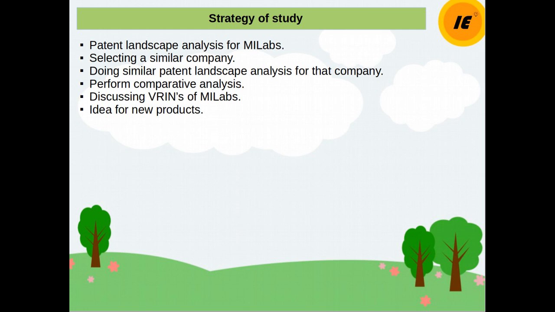Then we'll come to what the VRIN of MI Labs is, and finally we will try to answer the final part of the exercise, which is what could be the new product idea, depending on the understanding of the VRIN of MI Labs. So that's more or less the strategy for working on this exercise.